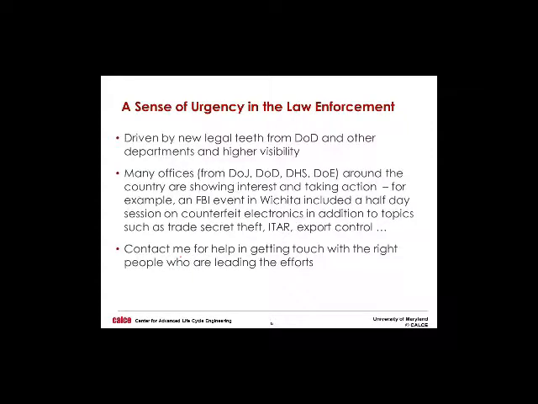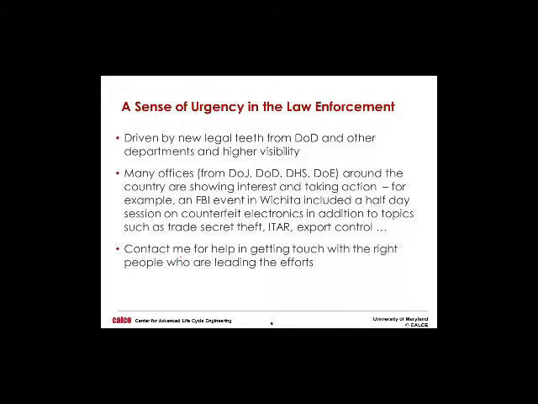Next topic: I'm finding there is a little bit of a sense of urgency in law enforcement. In DHS, DOD, and even the Department of Energy, there are many offices concentrating on some level of counterfeit part issues.